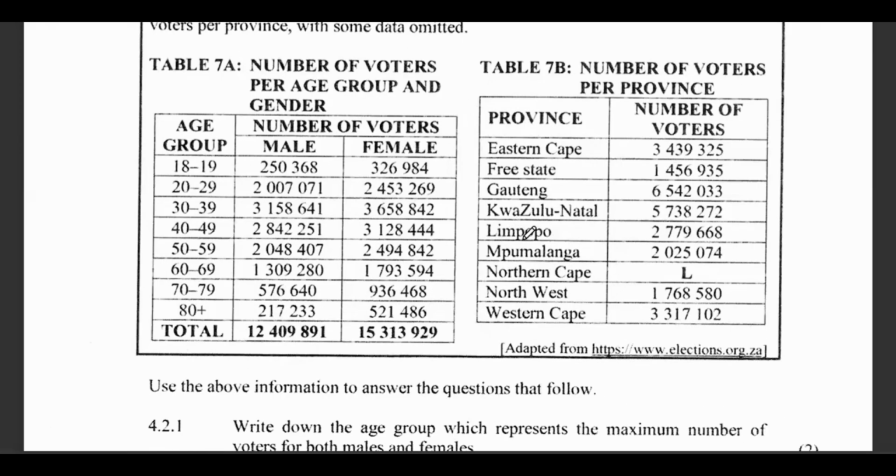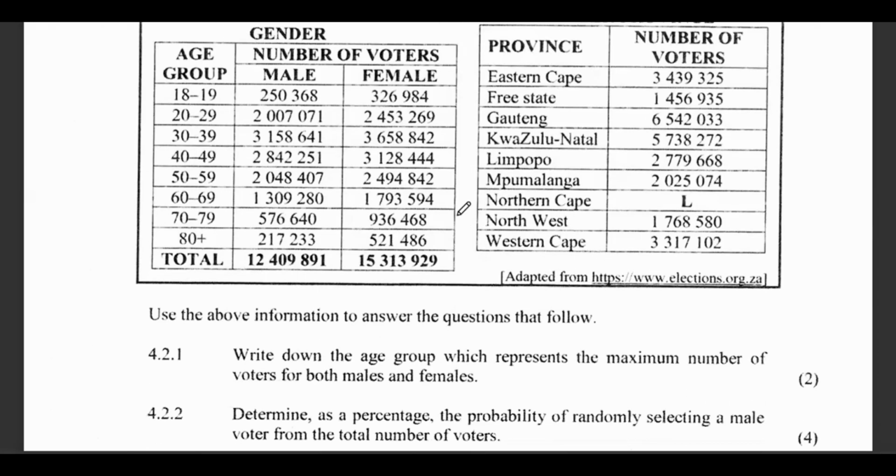Omitted meaning it's left out. Anyway, write down the age group which represents the maximum number of voters for both male and female.